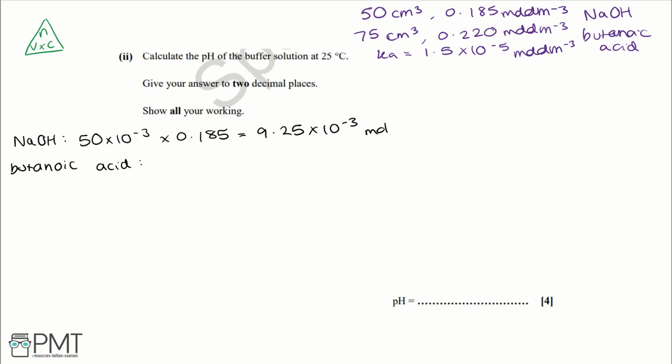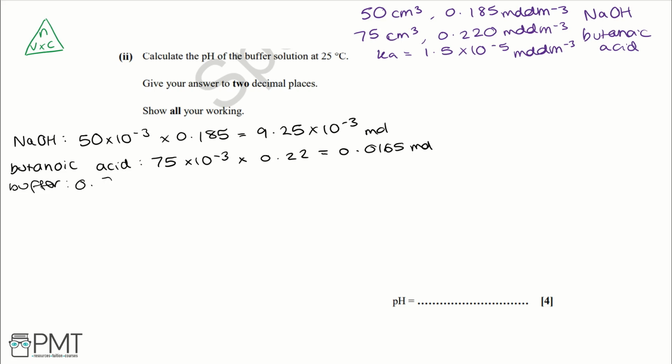So we're going to have its volume of 75, then times by 10 to the negative 3 to convert centimeters cubed into decimeters cubed, and then multiply by 0.22. And that equals 0.0165 moles.